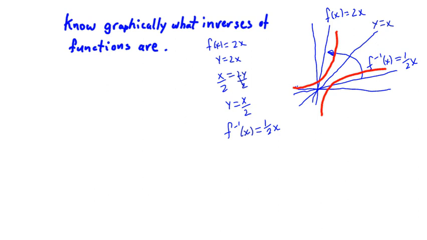If you have a cubic function y equals x cubed, that's going to be the inverse function to y equals cube root of x. Okay, and so anyway, just know what those are.